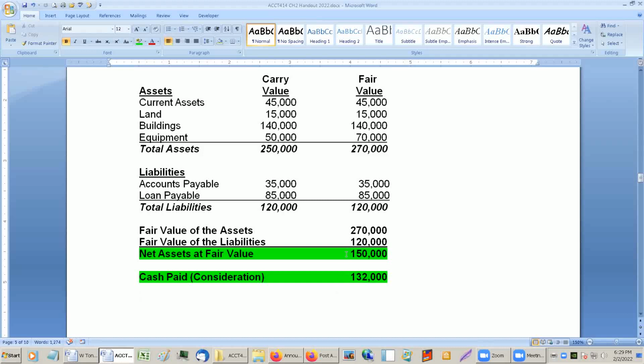So we're going to get net assets, identified assets at 150,000, but we're only paying 132,000. Which, if you think about it, that may be why we're doing this deal in the first place. We're getting it advantageous to us. So this will be called a gain on bargain purchase. $18,000.